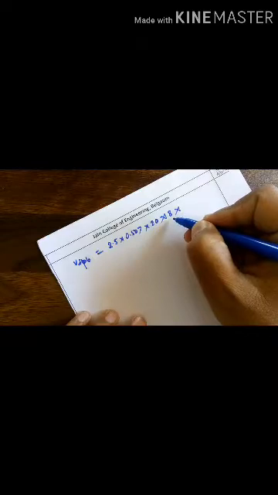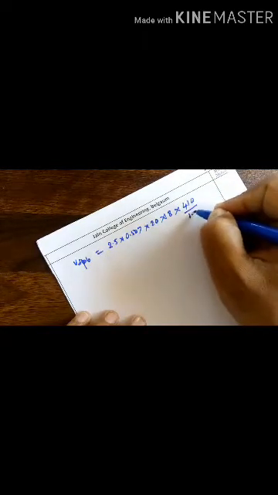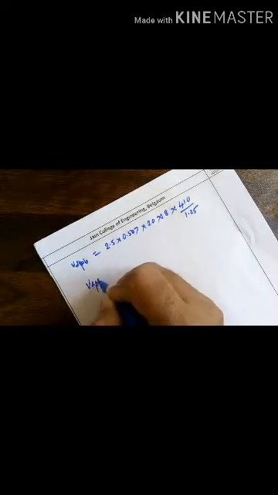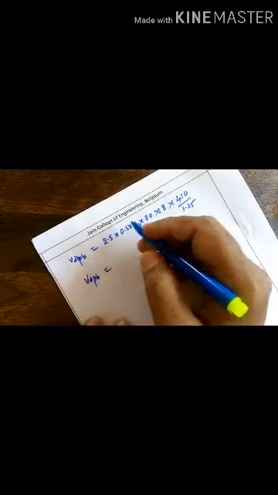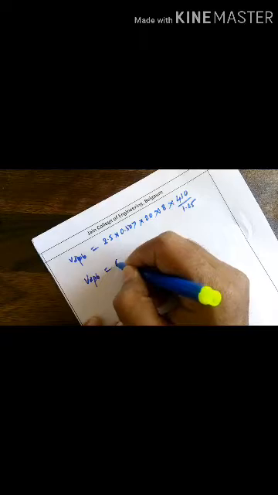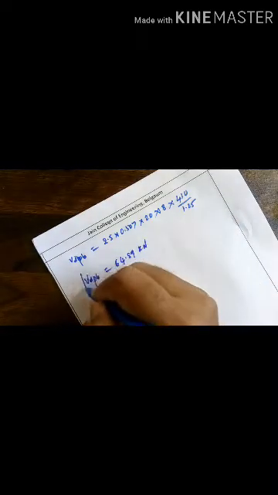The angle thickness is 10 mm, gusset plate thickness is 8 mm, so take the least thickness, into 410 divided by 1.25. Then you'll get VDPB as 64.89 kilonewton.